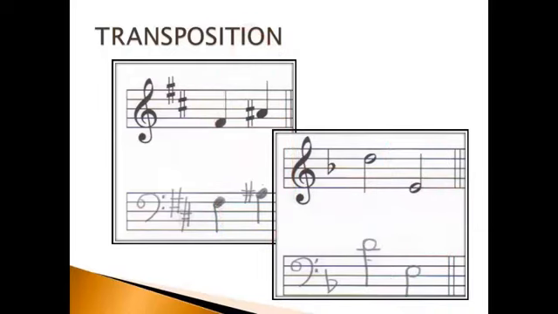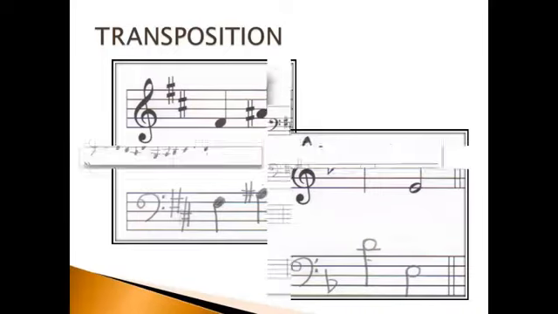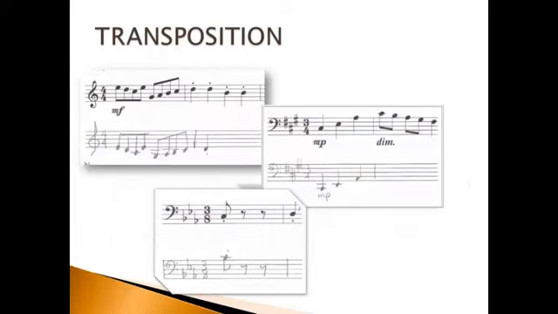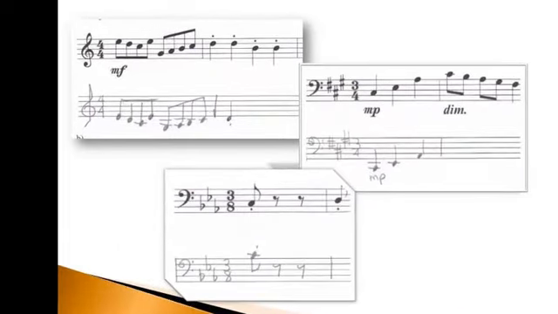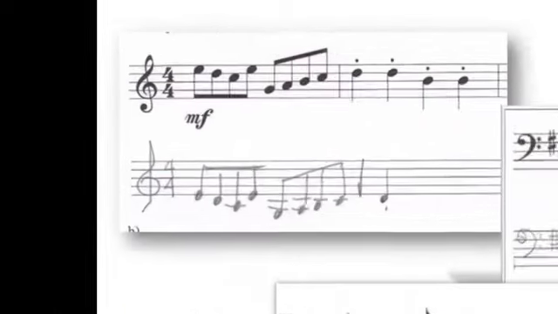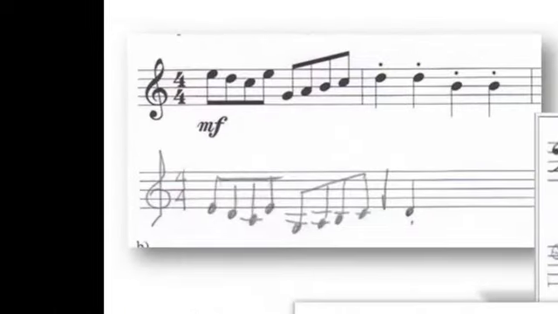In the next example, it's the same thing. What you're given is in the treble clef, and you're asked to transpose this down 1 octave into the bass clef. Here are just a few little samples again of some that I did, just to give you an idea of how it's going to fit.